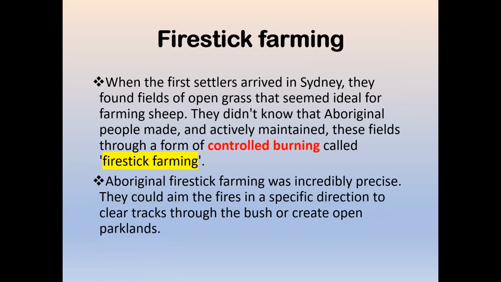The kangaroos, the wallabies, whatever's there, go away from the fire and the smoke, and the Aborigines, part of the group, are waiting on the other side because the animals are being directed, and they go right into them, and they kill whatever animals they need. They never kill more than they need. And so by directing the fire in a particular direction, it was like going to an abattoir. So very clever.